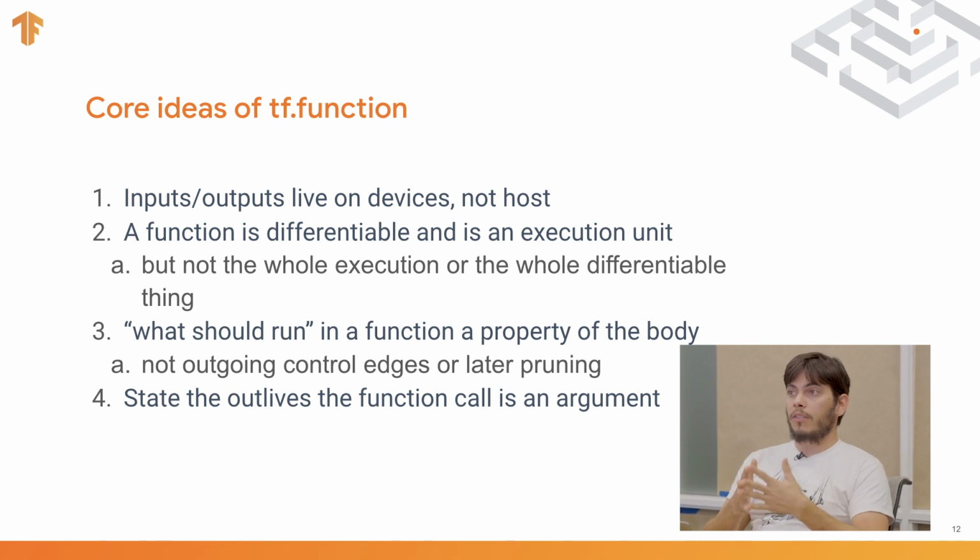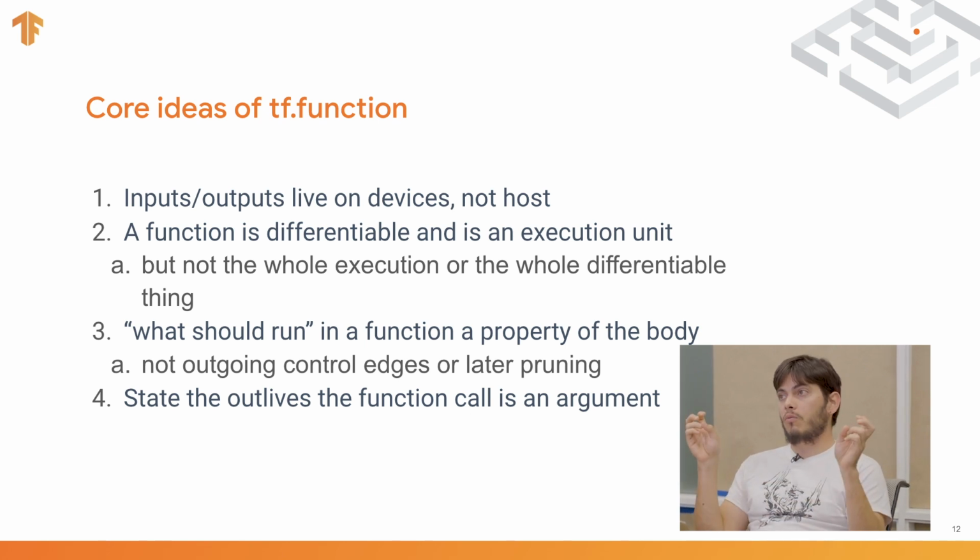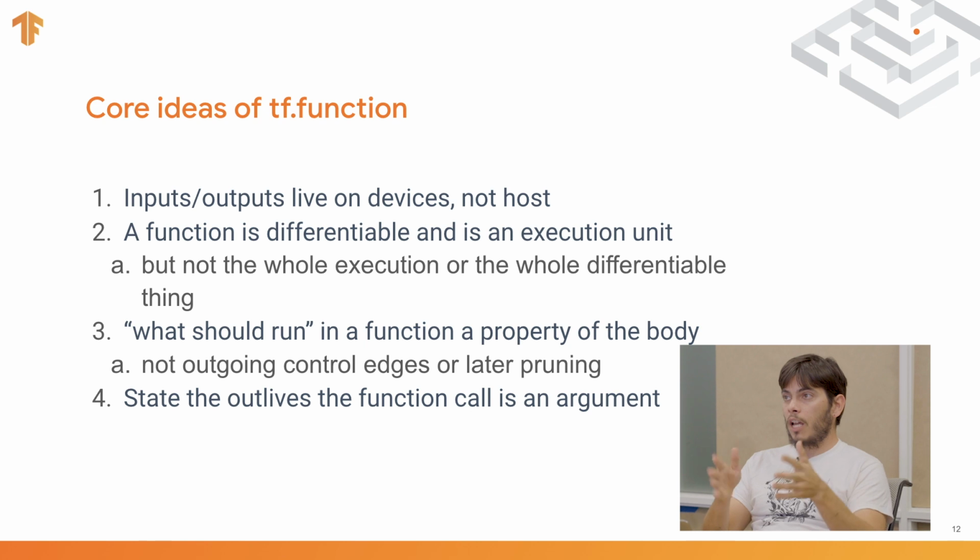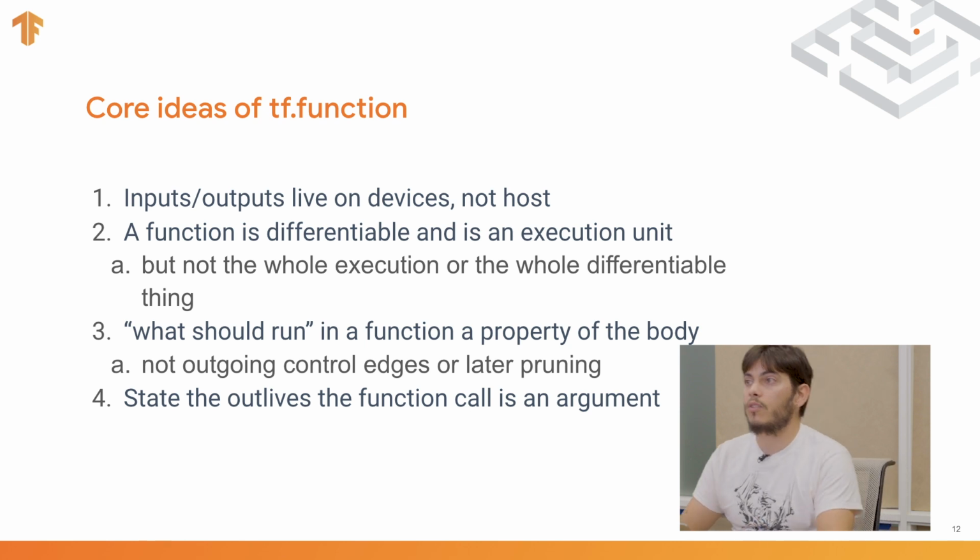Another fundamental property of tf.function is that the notion of what should run is not a property of control edges or graph pruning, but is a property of the stuff that happens in the body of the function. So while we trace the Python code to build the function graph, any stateful operation that ends up in there must run. And it's up to the TensorFlow runtime to run those operations in an order that is indistinguishable from running those operations in order as far as the user is concerned.